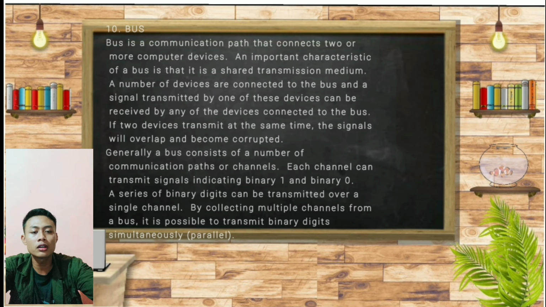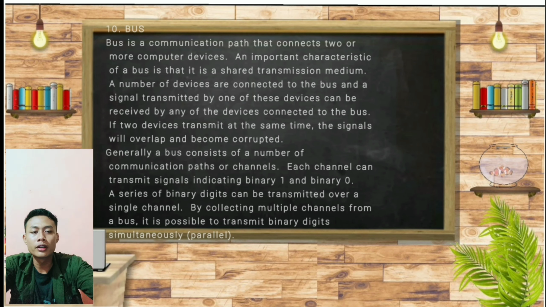A signal transmitted by one of those devices can be received by any of the devices connected to the bus. If two devices transmit at the same time, the signals will overlap and become garbled. Thus only one device can successfully transmit at a given moment.